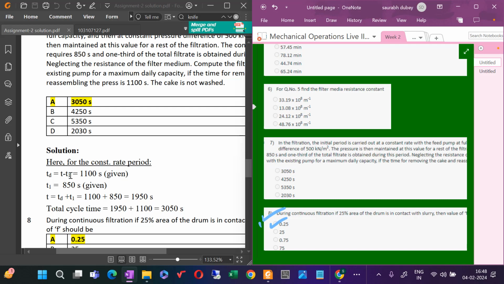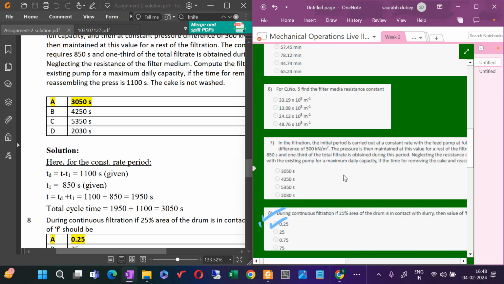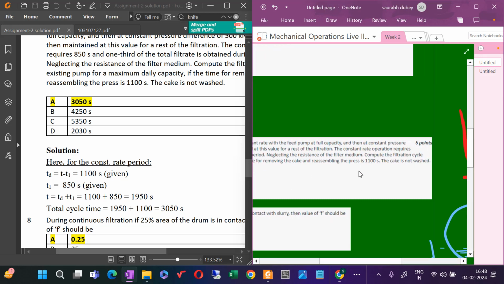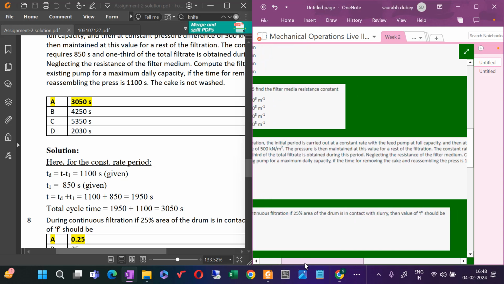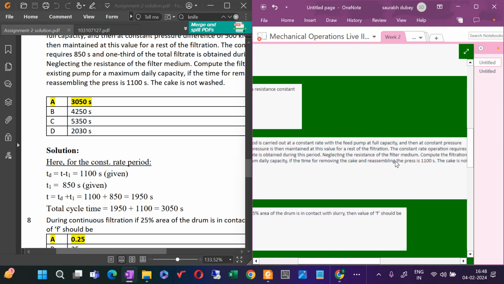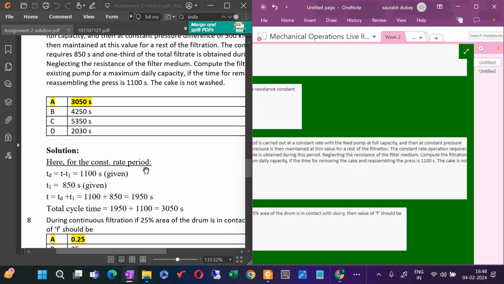So if you calculate this constant rate time, the rest time can be calculated as t minus t1, and here it is said that that value is 1100. Compute the filtration cycle with the existing pump for the maximum daily capacity if the time for removing the filtrate and assembly of the press is 1100.